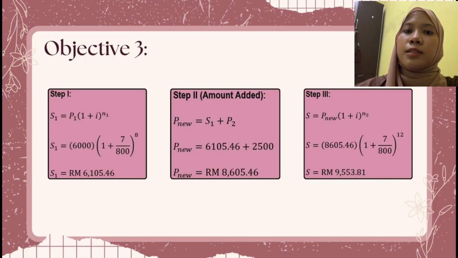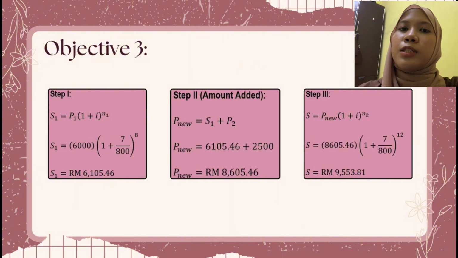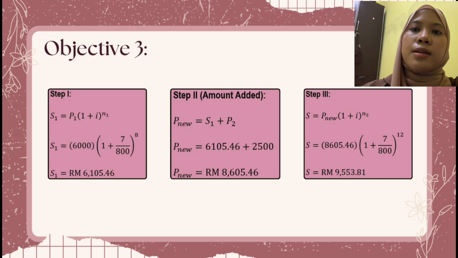After adding the additional deposit, the new amount becomes RM8,605.46. In step 3, the formula S equals P new multiplied by 1 plus I raised to the power of N2 was applied again to calculate the final accumulated amount.